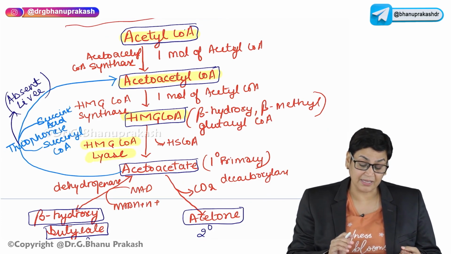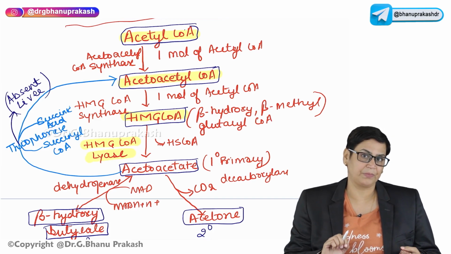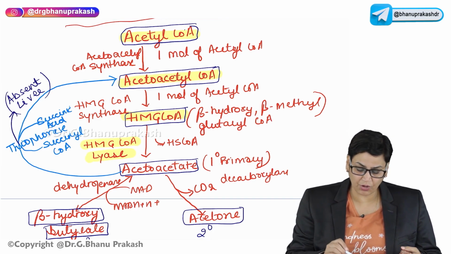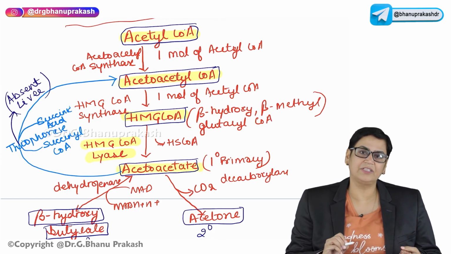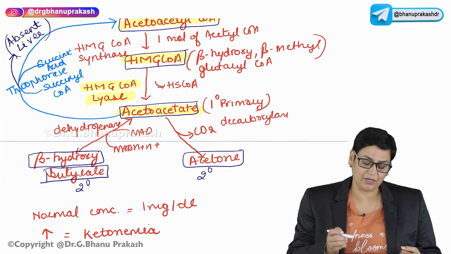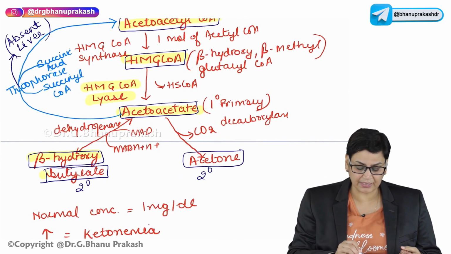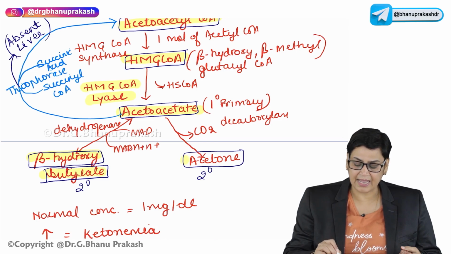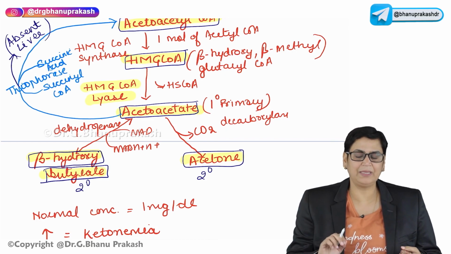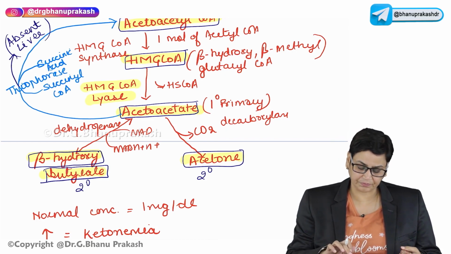In fact, this is the deciding enzyme of ketogenesis, which forms the first ketone body, which is acetoacetate. And this acetoacetate undergoes dehydrogenation forming the secondary ketone body, beta-hydroxybutyrate, and acetone. Acetone is volatile, so it will be evaporated as such.